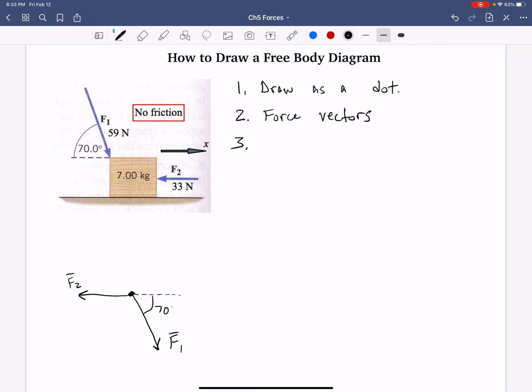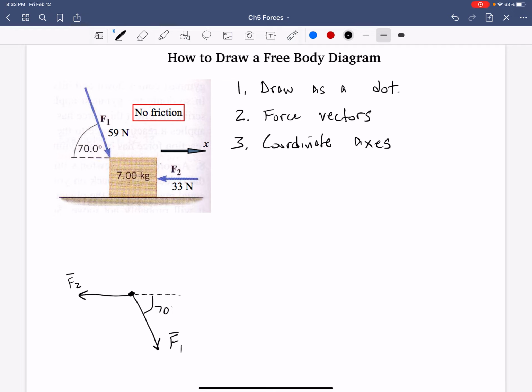So thirdly, once you've written out and drawn all of your force vectors on your dot, the third thing to do is make sure you have axes. So we can say our coordinate axes, both x and y, and if there's a third one, z.